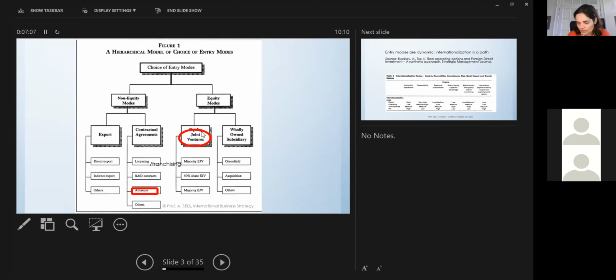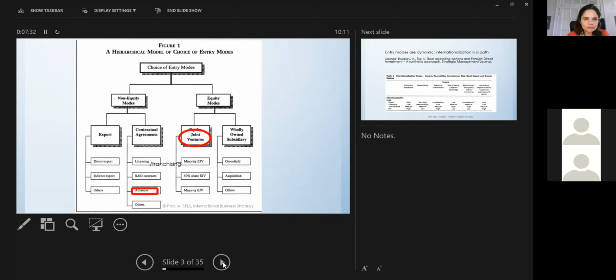Whereas an alliance is, for example, when Google collaborates on joint research projects with Samsung, but there is not such a thing as an independent company, a new company that is established. Okay, so this hierarchical logic model really structured the entry mode decisions very well, I think.